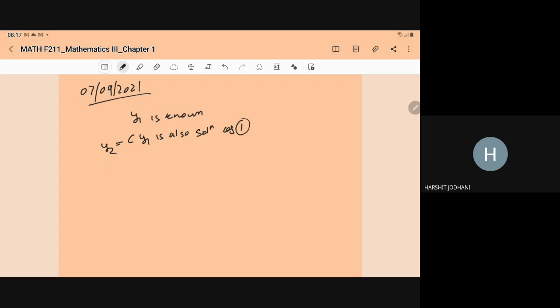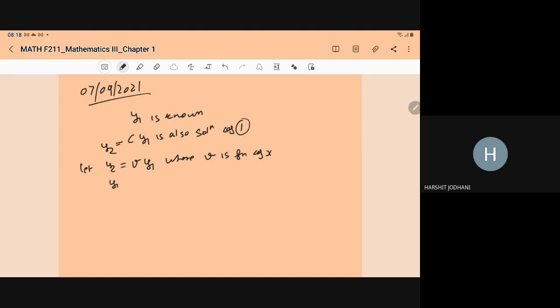So to get that, we will write y2 is equal to v into y1, where v is a function of x. From here we are taking the inspiration to derive the other solution. So y2 is equal to v of y1.